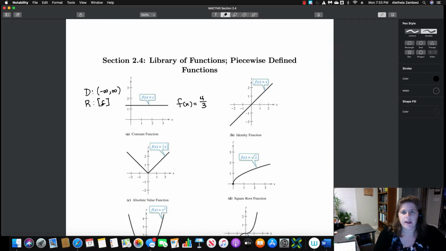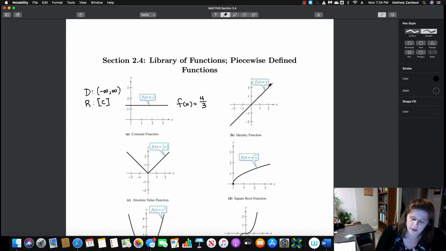The next function in our library of parent functions is what's called the identity function, and this is the parent function for all lines. So all linear functions are some transformation based on this one identity function. There are changes in the slope and there are changes in the intercept point.